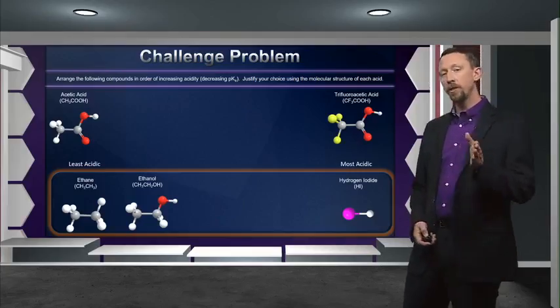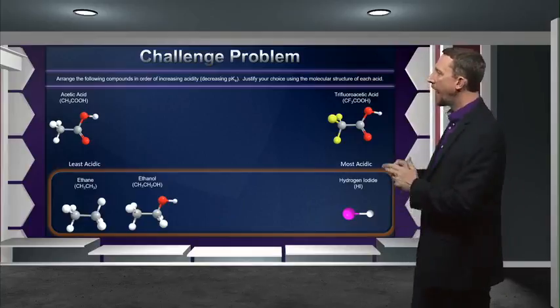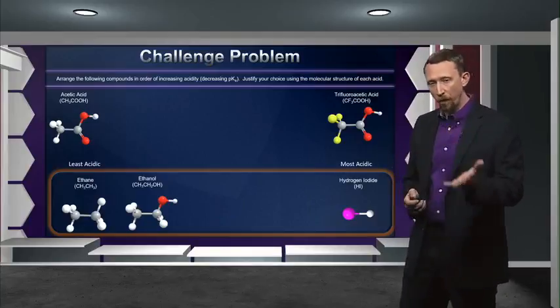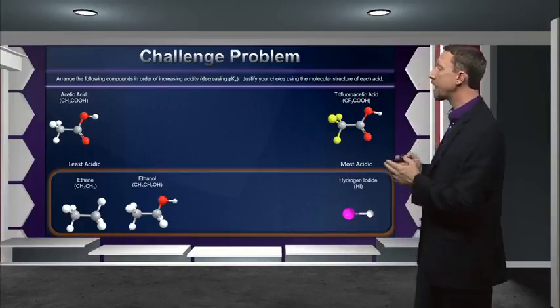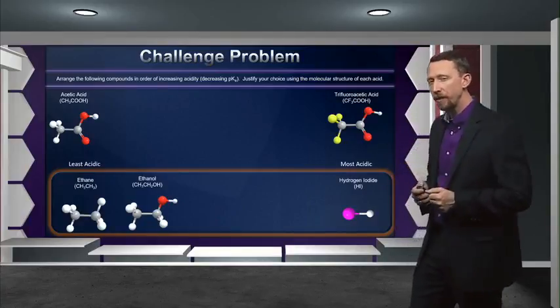But that leaves us with 2 more: acetic acid and trifluoroacetic acid. Both have acidic hydrogens, both have a very similar looking resonance-stabilized conjugate base. So what makes the difference here?